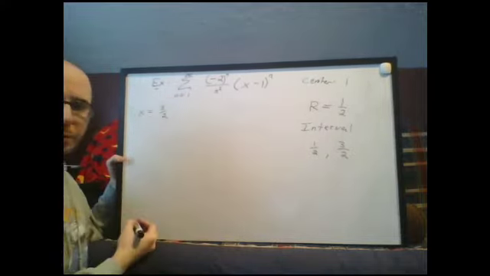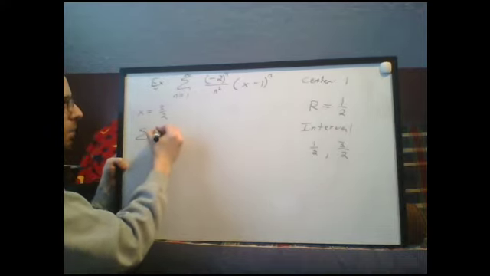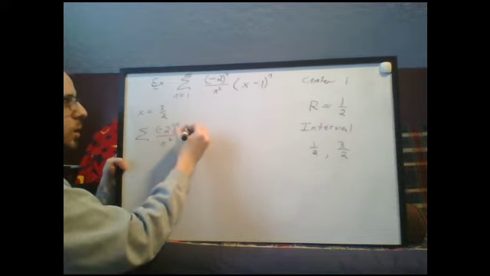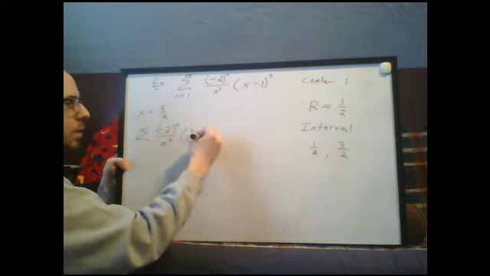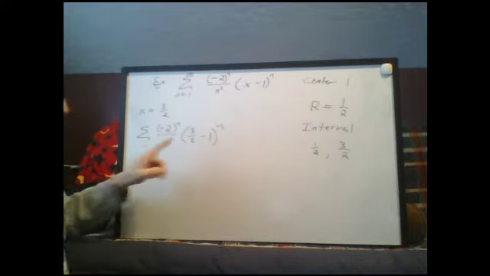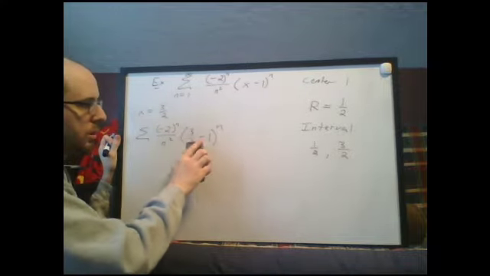So let's do x equals 3/2. My series would become negative 2 to the n over n squared times 3/2 minus 1 to the n. I'll just simplify it as I write it. So 3/2 minus 1 is 1/2.